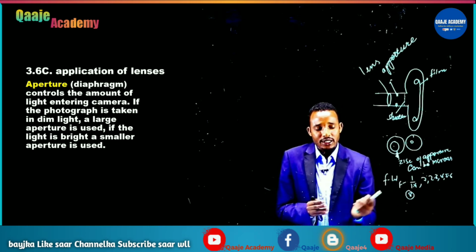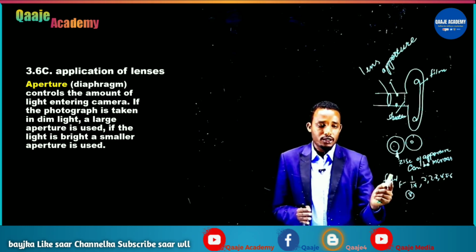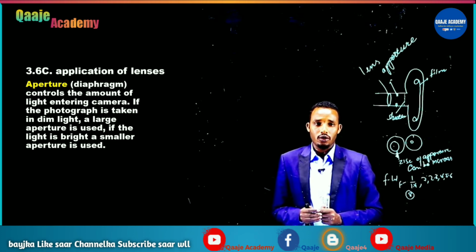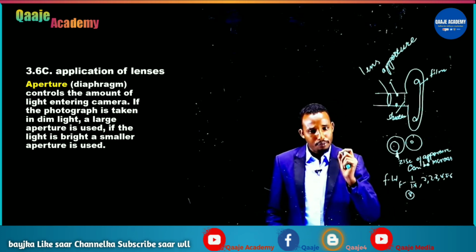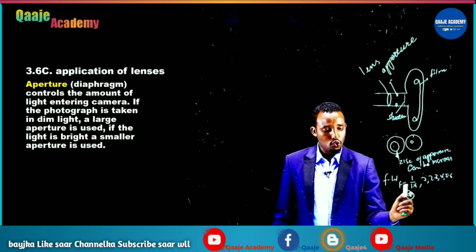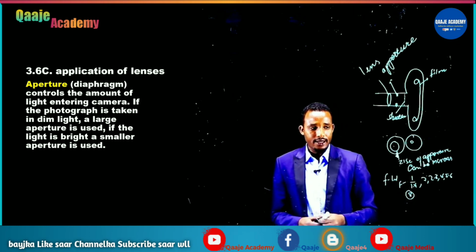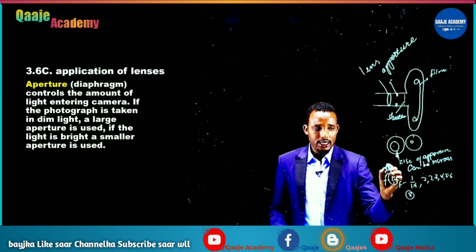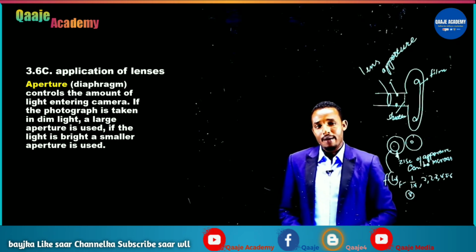If the f number becomes a small number such as 1.4, the size of the aperture is bigger. So when the f number increases, like 8, the size of the aperture becomes smaller, and if the f number decreases, the aperture hole becomes bigger.